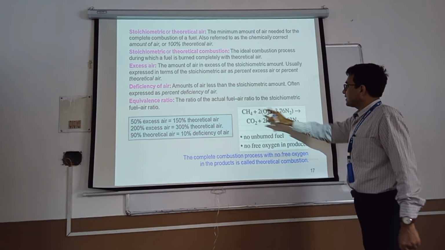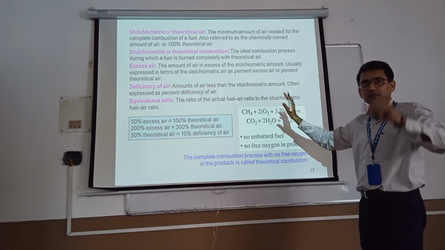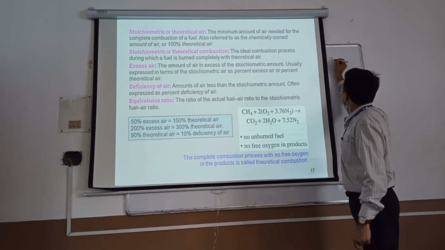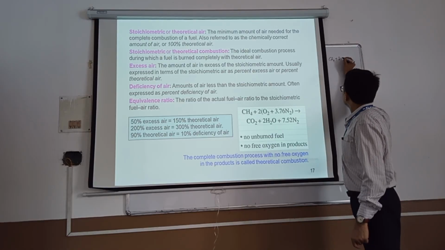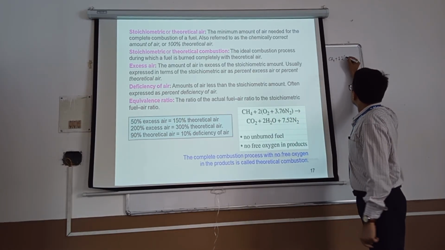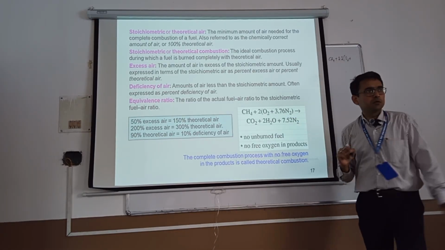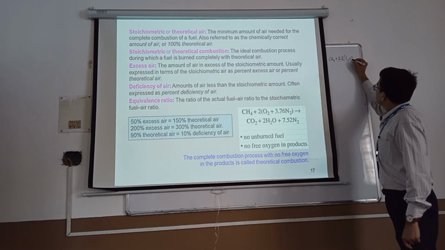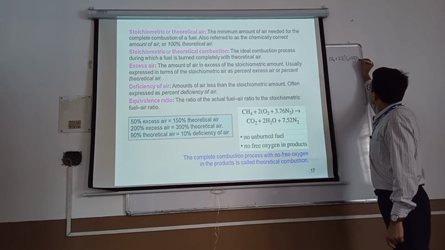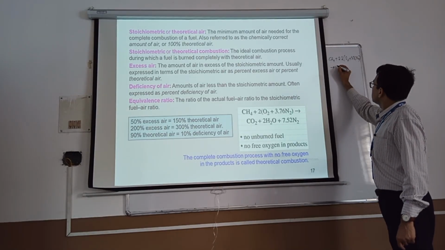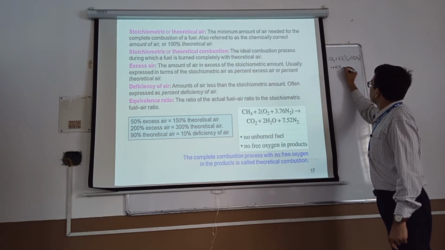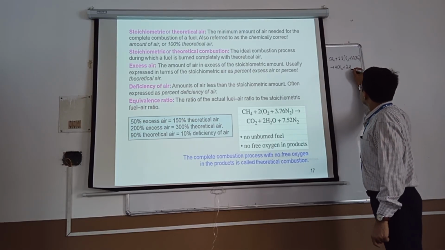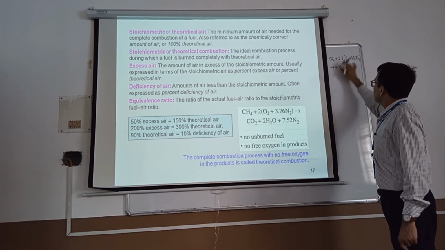So if I change the coefficient, for example, I give you an equation CH4 plus 2.2 O2 gives CO2 plus 2 H2O, whatever, then there will be excess oxygen.